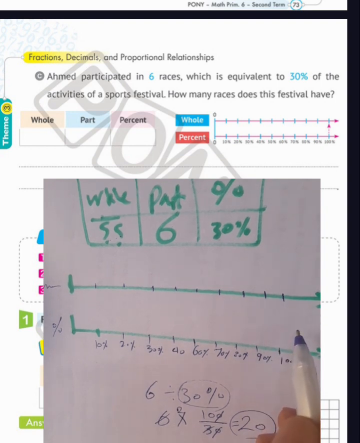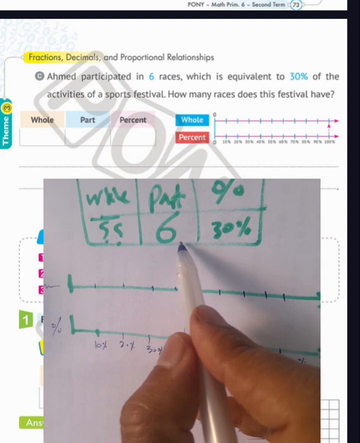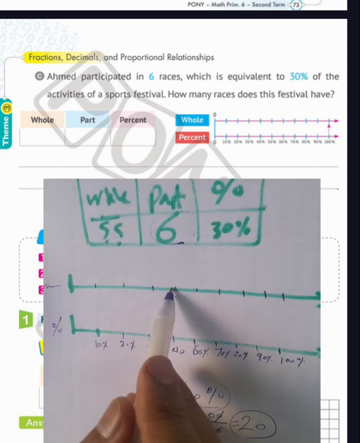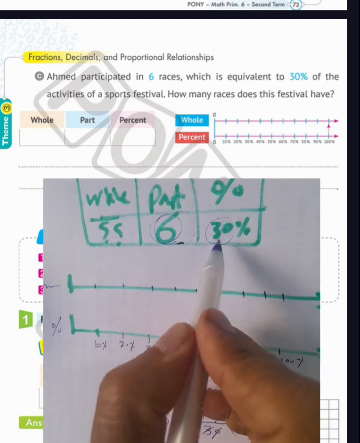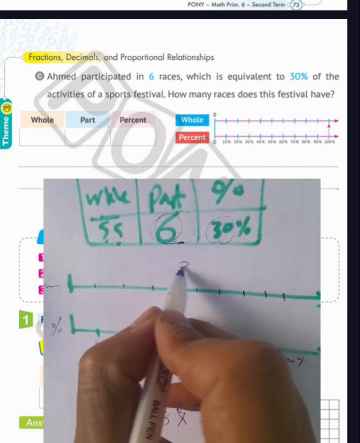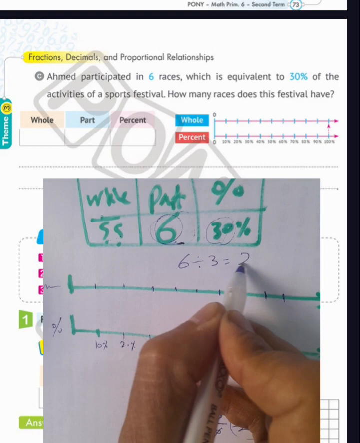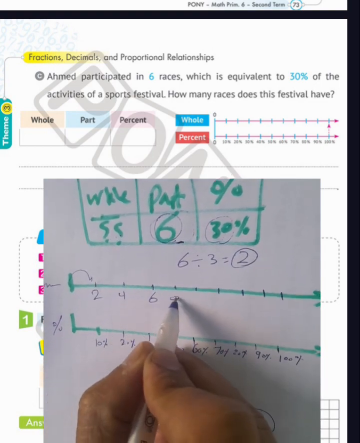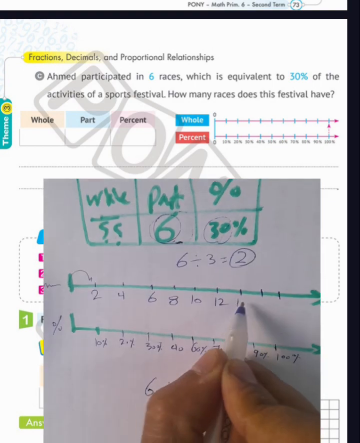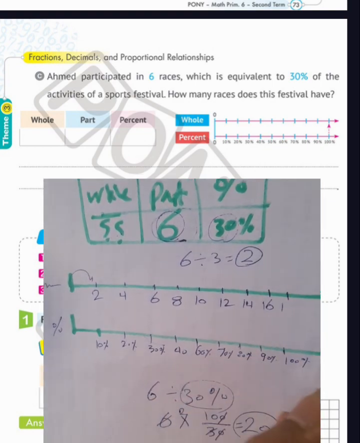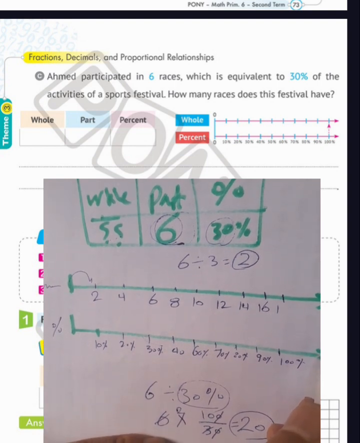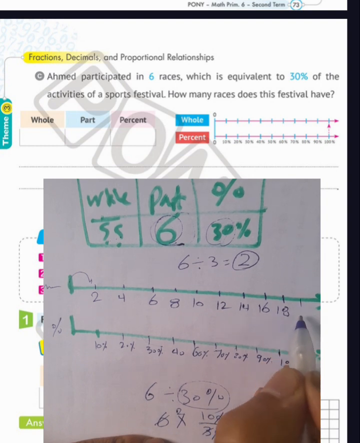Okay, and you can write 6. First step, to know the increase, you must divide 6 by 3. You cancel 0 here, okay? 6 divided by 3 equals 2. Then you must count by 2 here: 2, 4, 6, 8, 10, 12, 14, 16, 18, 20.